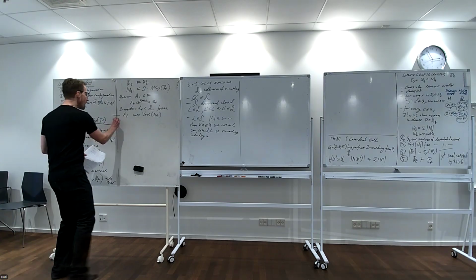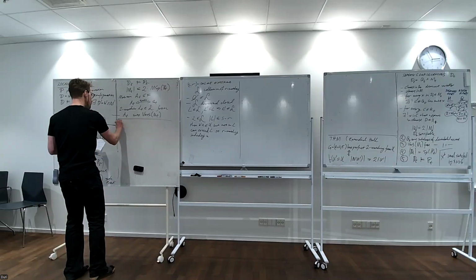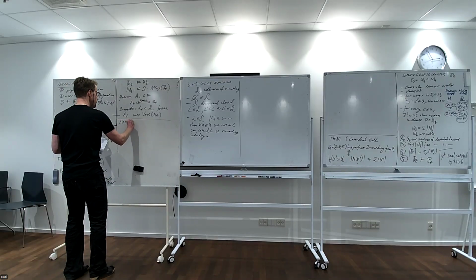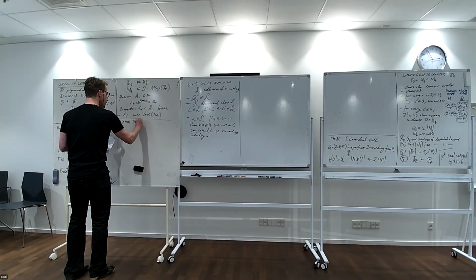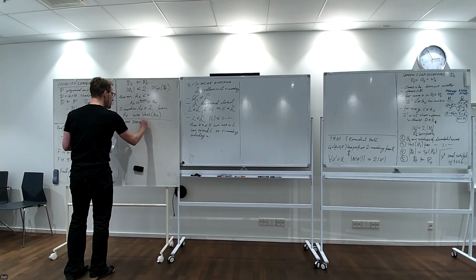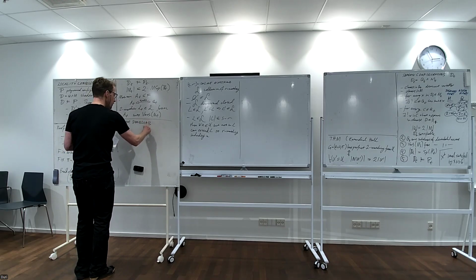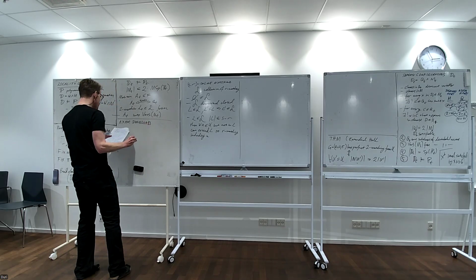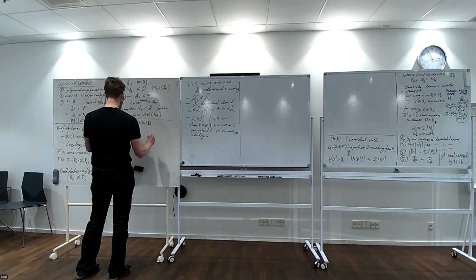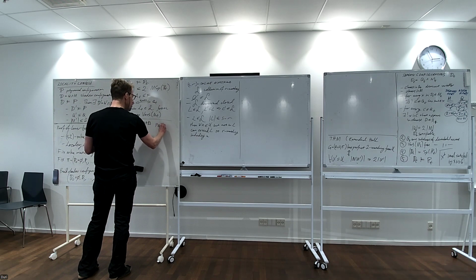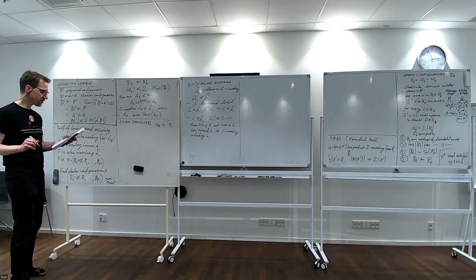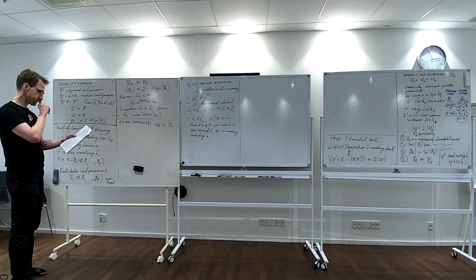So suppose we now do an axiom download, an axiom download of a polynomial P sub B, which is like the clause B. Let B be an axiom clause.